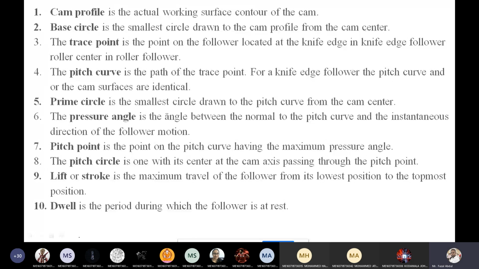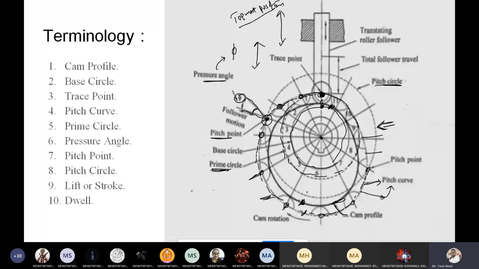Dwell means it is a rest point. See here, from here to here the cam has a normal surface, with no irregularity, so during this period the follower is in a rest position.